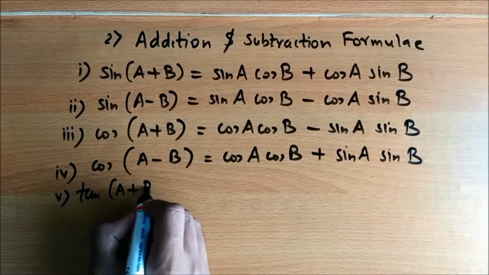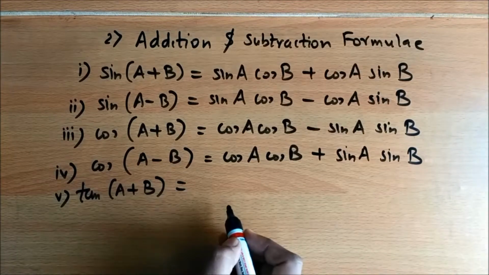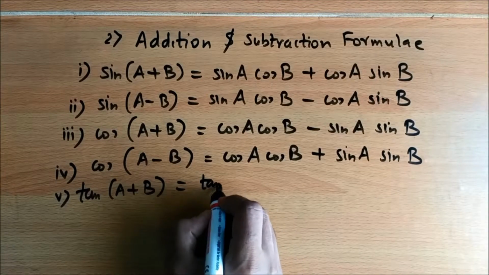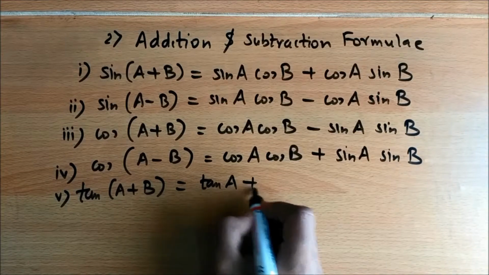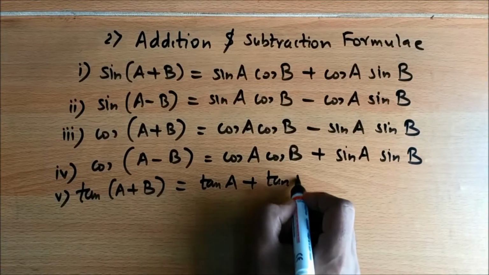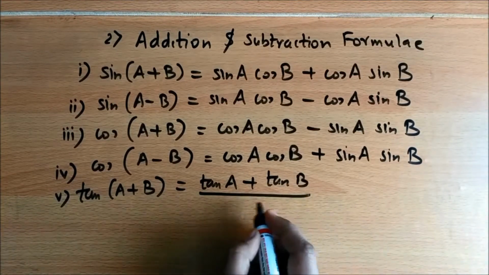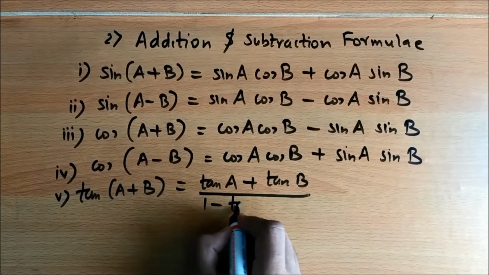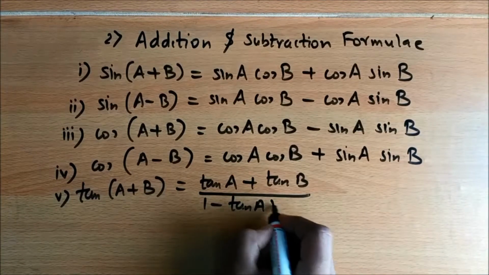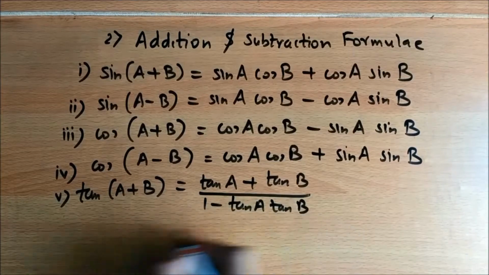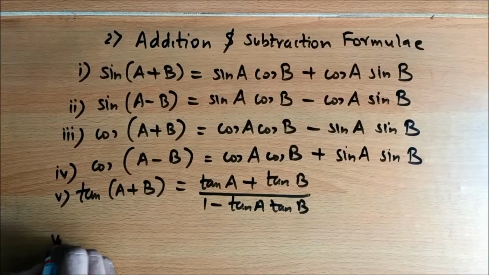Next comes tan of A plus B. Yes, which is equal to tan A plus tan B upon 1 minus tan A into tan B. Remember, the numerator sign is plus.